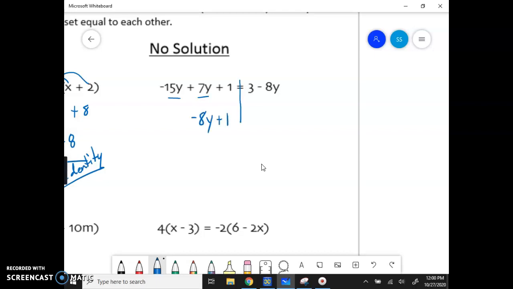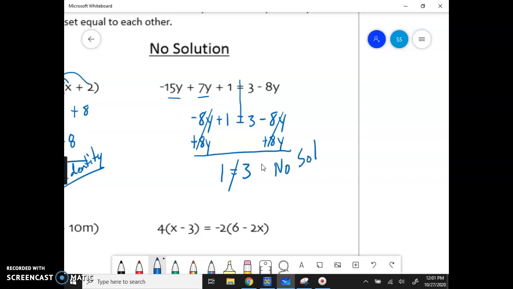I'm going to drop down this 1 and everything on the right side of the equal sign. Now I'm going to eliminate the variable, so I'm going to add 8y, add 8y. Again, they cancel out on both sides, and I'm left with 1 is equal to 3. Well, 1 is not equal to 3. That's not true, so this is no solution.